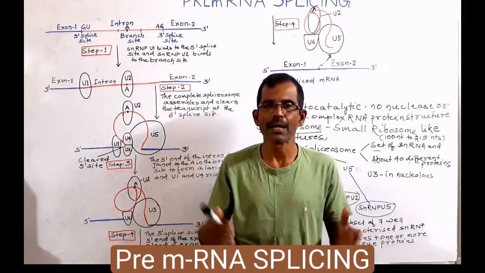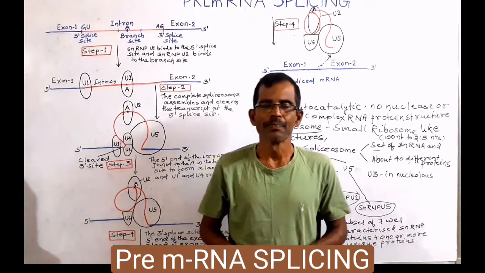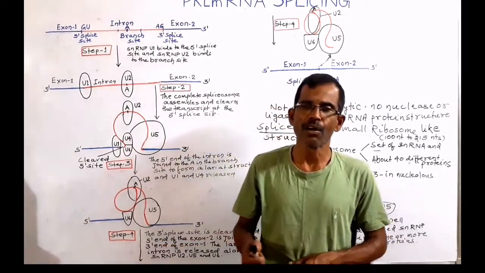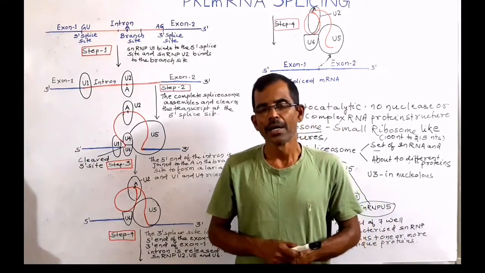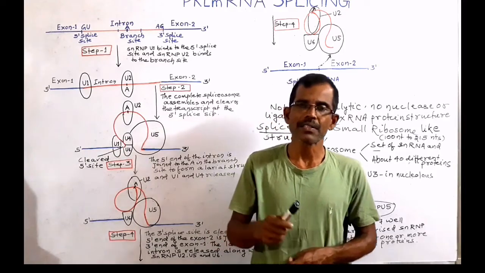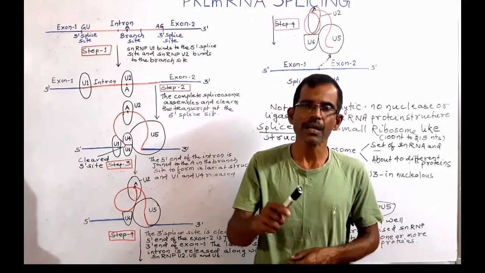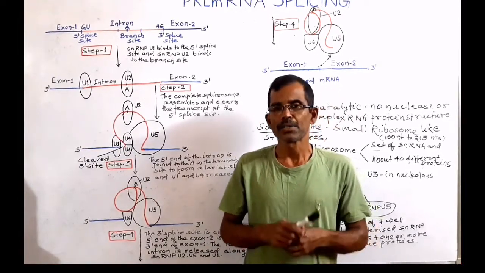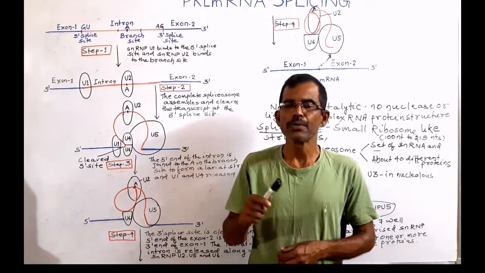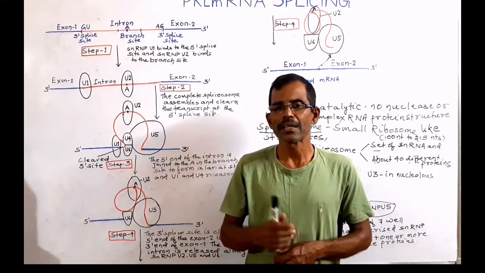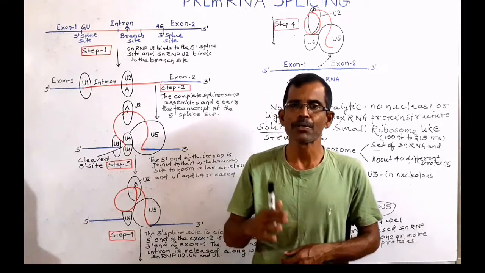properly functional mRNA molecule. Like the splicing of tRNA precursor in the case of yeast and the rRNA precursor in the case of Tetrahymena thermophila, the splicing of pre-mRNA also occurs in two different stages, but there are certain differences among them.